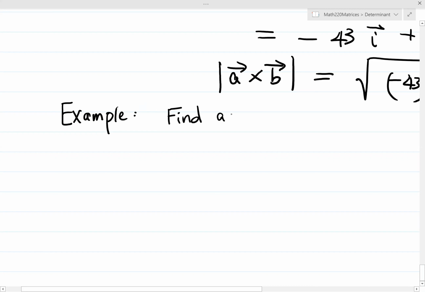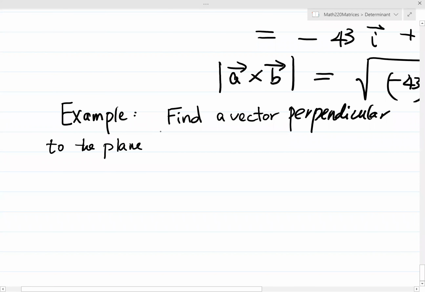We want to find a vector perpendicular to the plane that passes through the 3 distinct points P, Q, R.